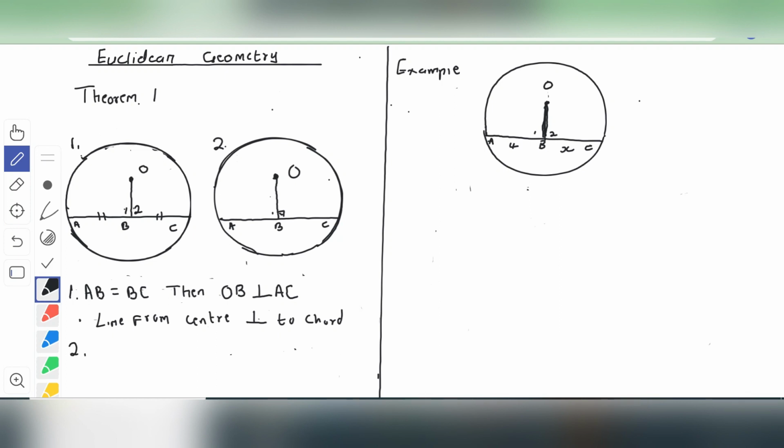From the second one, we can see that we're only given the angles. From the first one, we're given that the sides, or the lengths, are equal. But from the second diagram, we're given the angles.